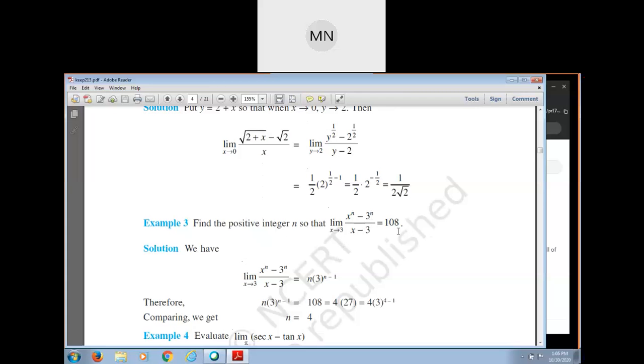And for this one, you use the formula, because this is same as the formula limit x tends to a, x to the power n minus a to the power n divided by x minus a. But here a is what?